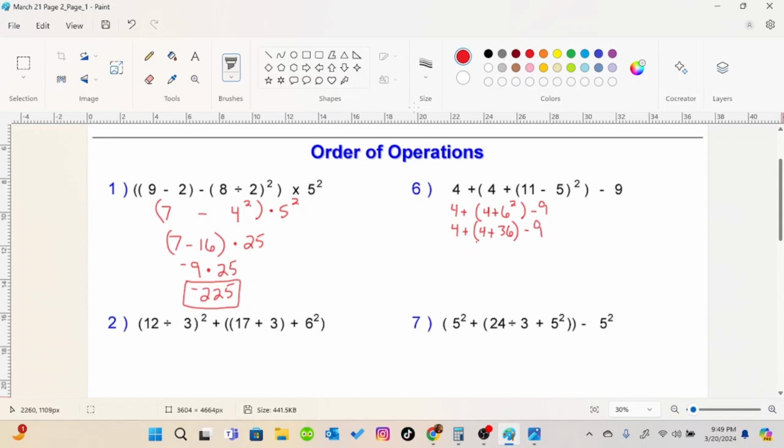Now I'm going to do the parentheses. And 4 plus 36 is 40. And now we'll do addition and subtraction left to right. 4 plus 40 is 44. Minus 9 is 35. So our final answer is 35.